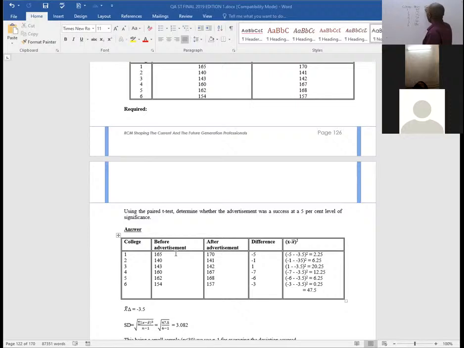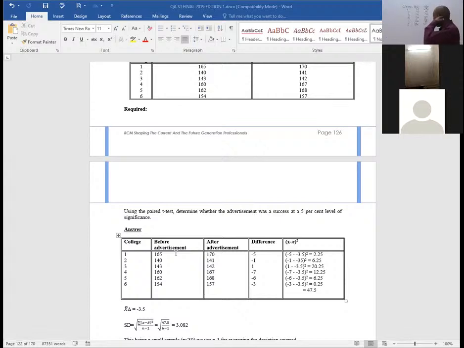We have 170, 141, 142, 167, 168, and 157.